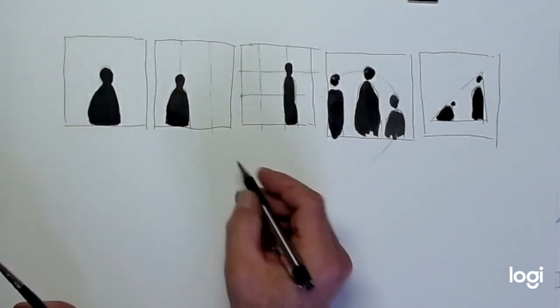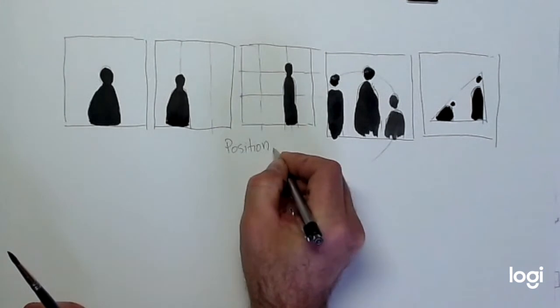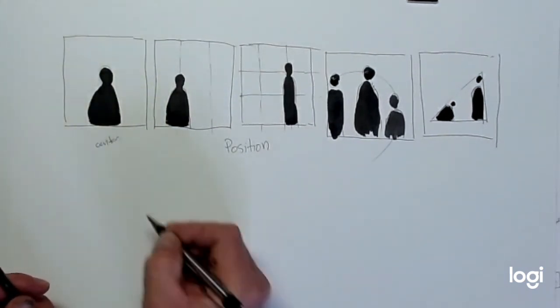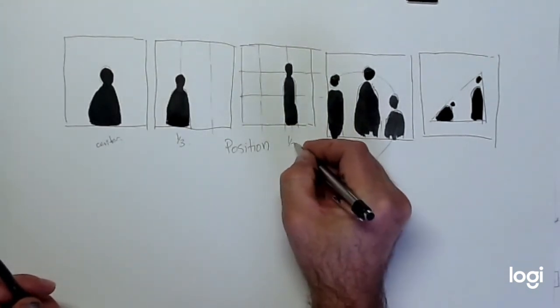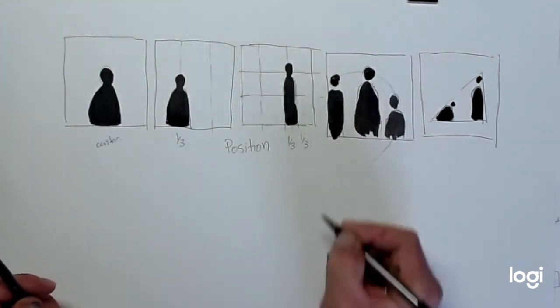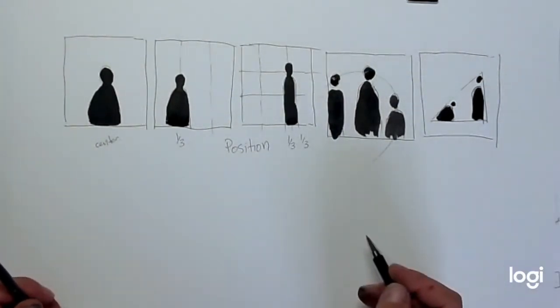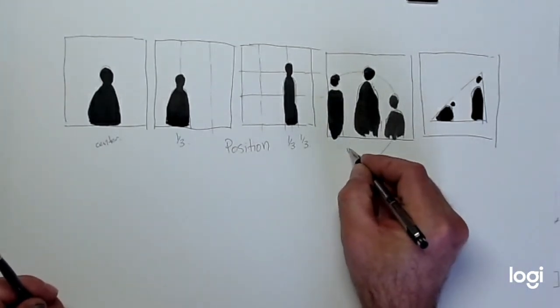So here, this is about position. So we have center, we have the rule of thirds, we have the rule of thirds happening twice, and here we have position based on say underlying shapes.